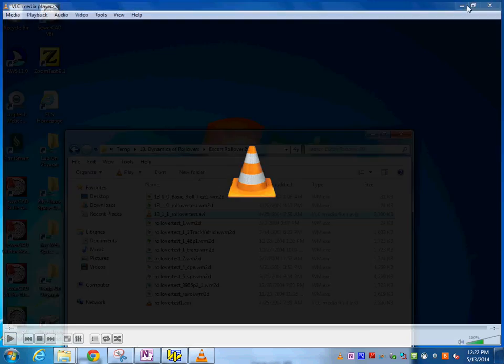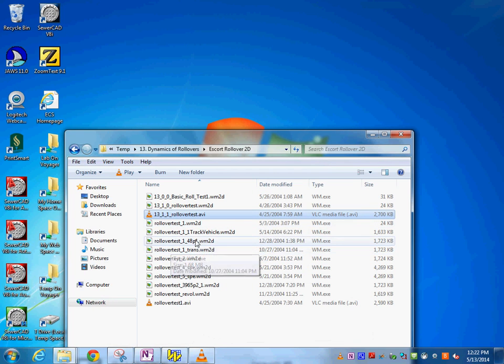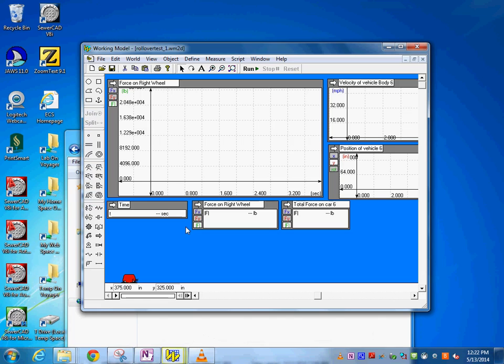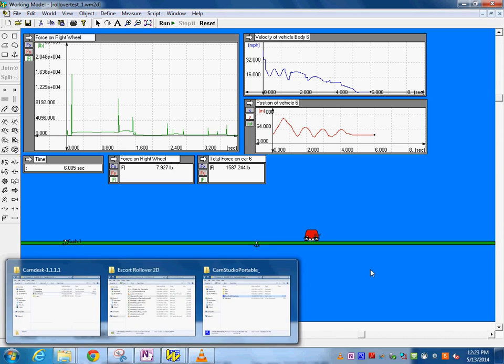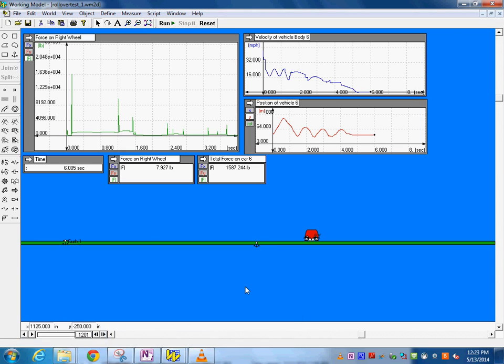Let me show you how it looks in the modeling software. It's the same thing, but now running it live. See, this would be in real time. So the point here is that we could take a look at the forces that are in there.